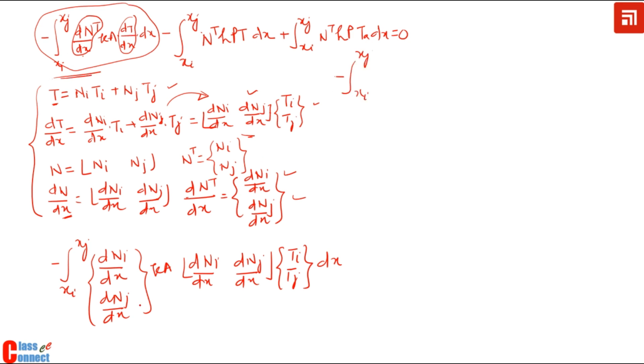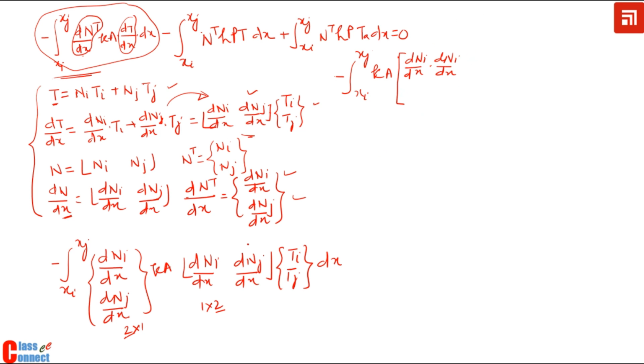Let me simplify this. I get minus xi xj kA, and then rho is to be multiplied by this, so I get dNi over dx multiplied by dNi over dx. The size of this is 2 into 1 and the size of this is 1 into 2, so after multiplication I will get a 2 into 2 size.